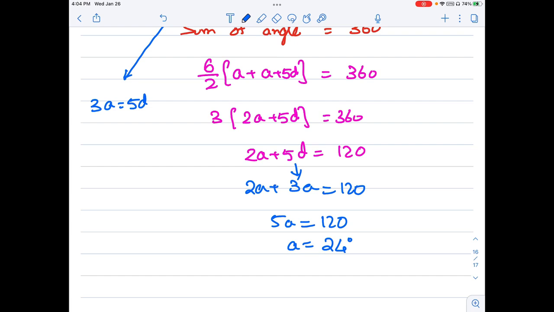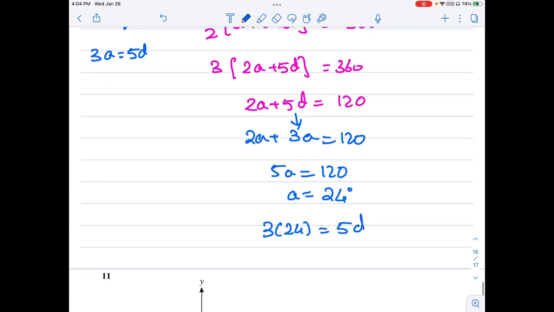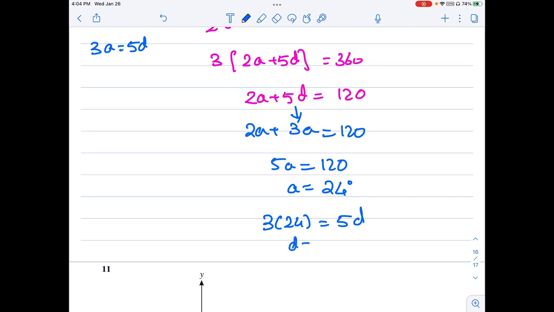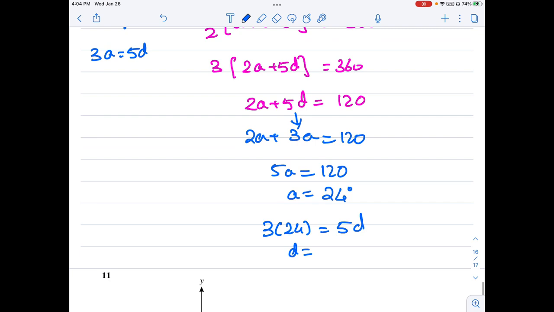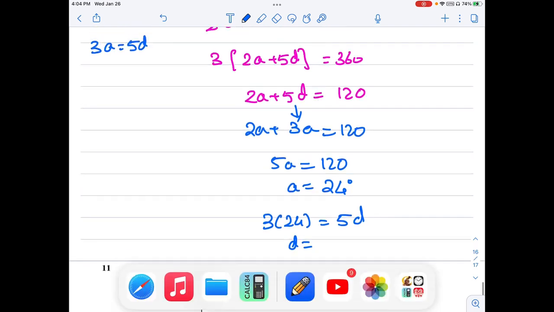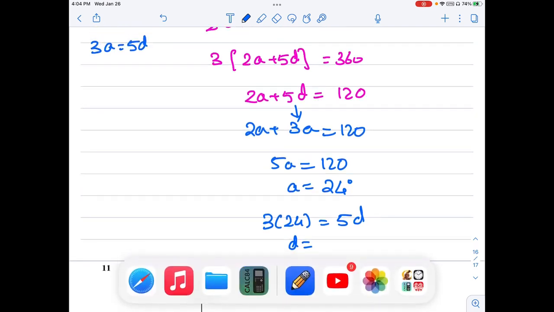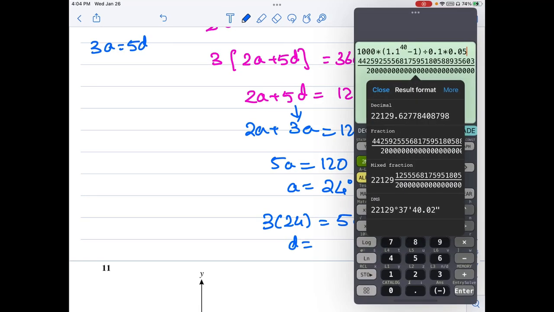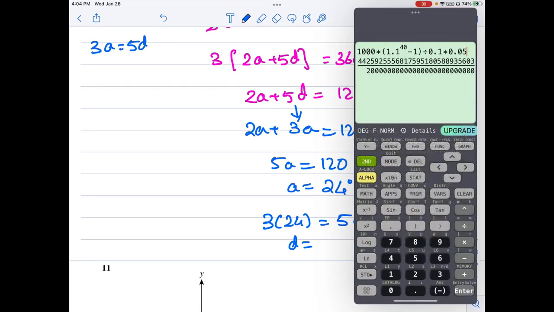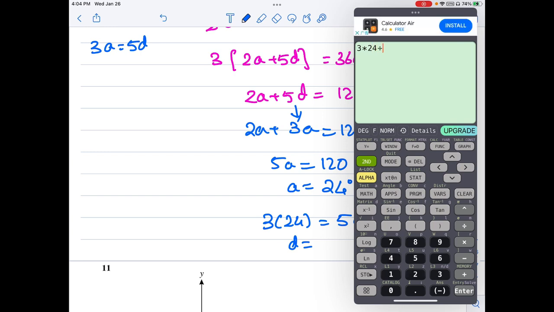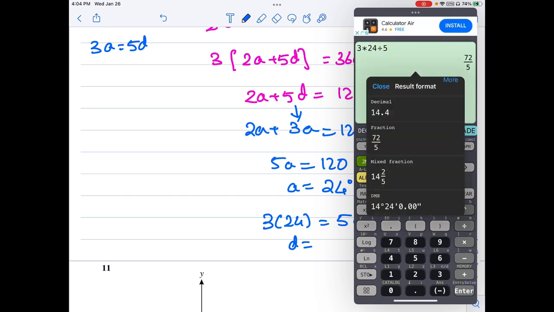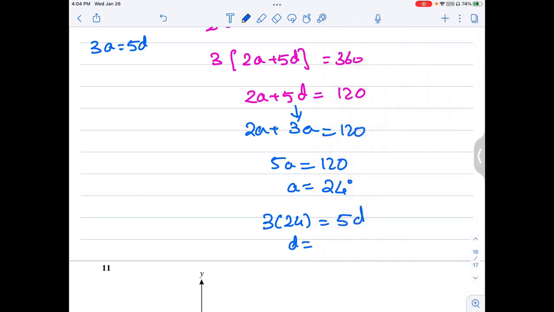If a is equal to 24, 3 times 24 is equal to 5d. So from there, d is equal to, just for the purpose of doing the calculator, there are simple calculations we can do without calculator also, just showing it out. So it is 3 times 24 divided by 5. So how much is that? 14.4. So d is equal to 14.4.